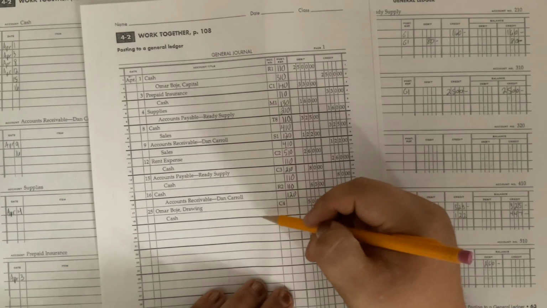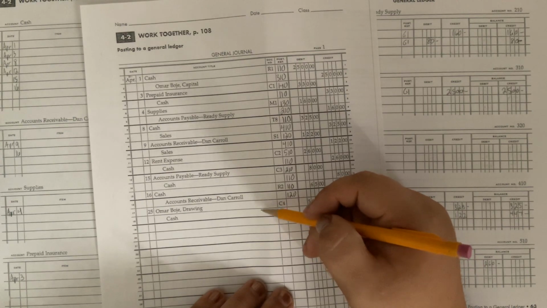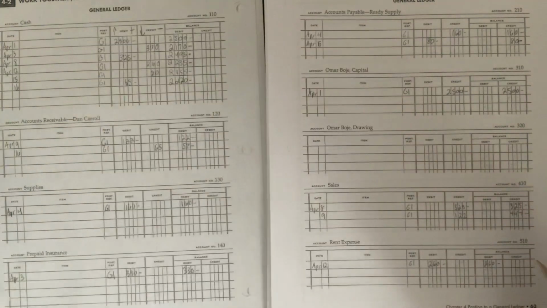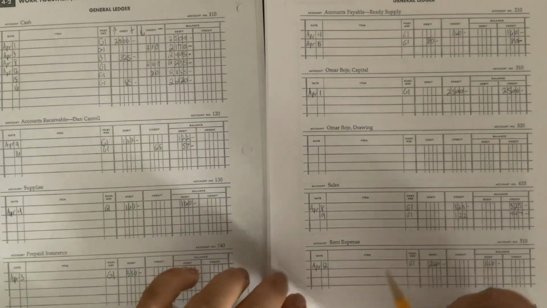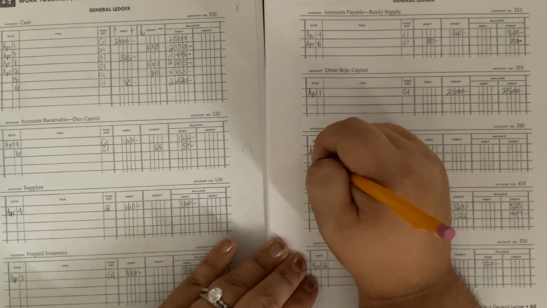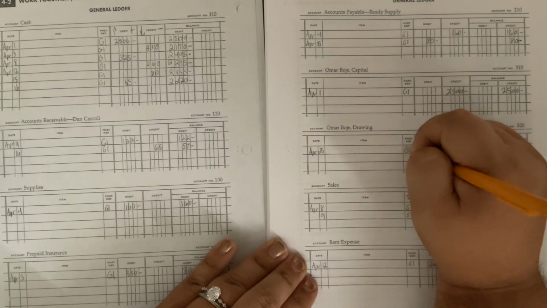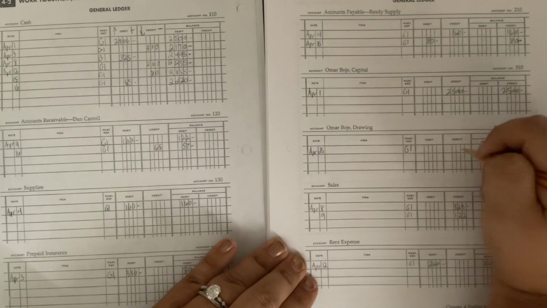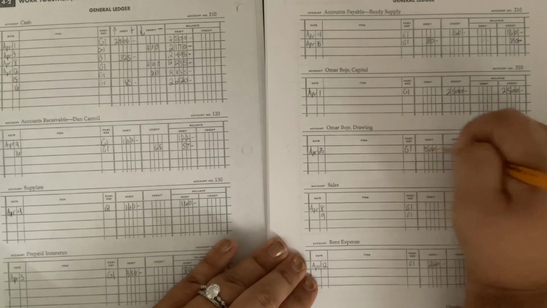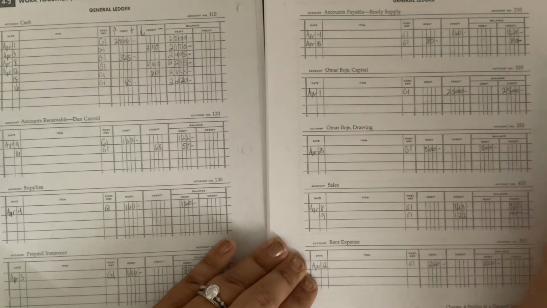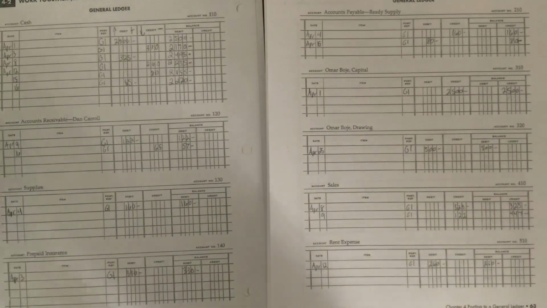Then we have the owner withdrew equity in the form of cash. So we go to our drawing account. April 25th, General Journal 1, in the amount of $500. Account 320.